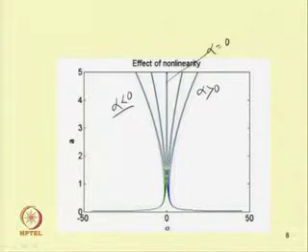For alpha greater than 0, which shows a hardening type of spring, the response tilts towards the right, and for alpha less than 0, when the system is that of a soft spring, the response tilts towards the left. For alpha equal to 0, this is the linear curve one gets. Similarly, due to the presence of damping, the response amplitude will decrease. Those things will be covered in detail in module 6.